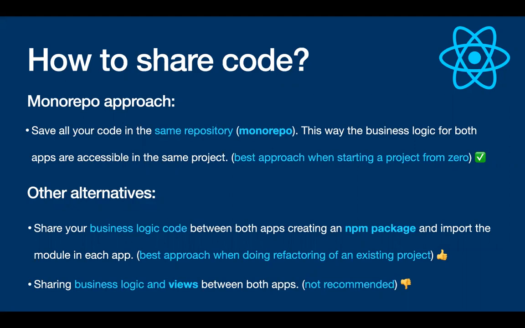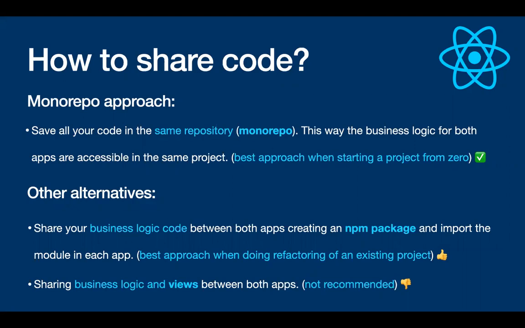How this is done is we have only one repository with all our React and React Native code in the same repository. So the business logic, for example the Redux logic, the utils, everything will be in the same project and accessible for both apps. This is the recommended approach when starting a project from zero.